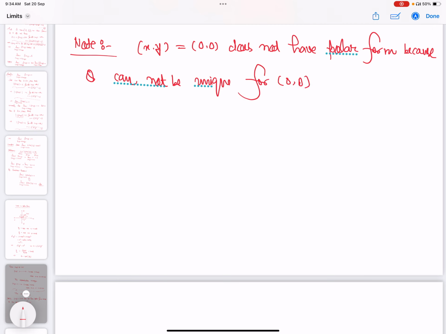If we have the (0, 0) point, this is just a point. What theta will we take? It is not defined.